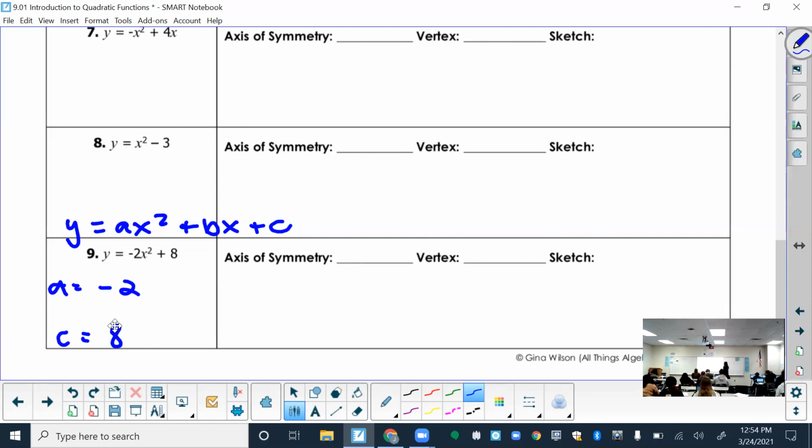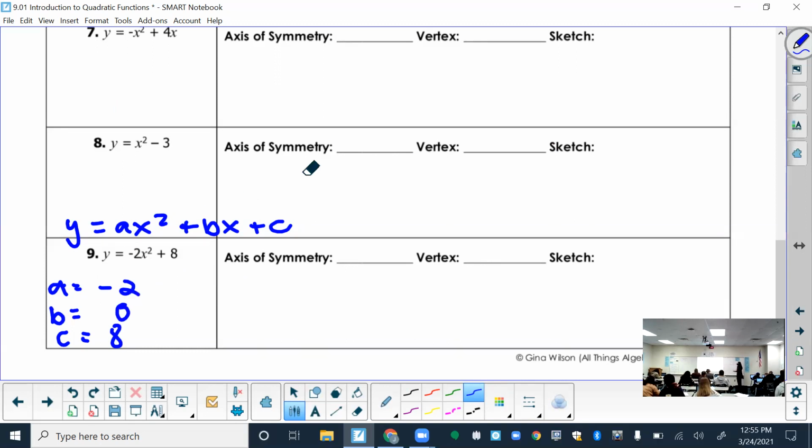Like I don't have a term here with just an x for the first time. I have an x squared, I have a constant, but I don't have just an x term. Right? So I don't have a b. So what would be the value if I had to give it one? If it's not there at all, it would be 0. So it does have a value, it's 0.